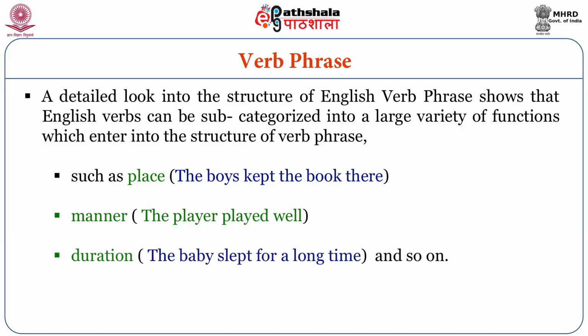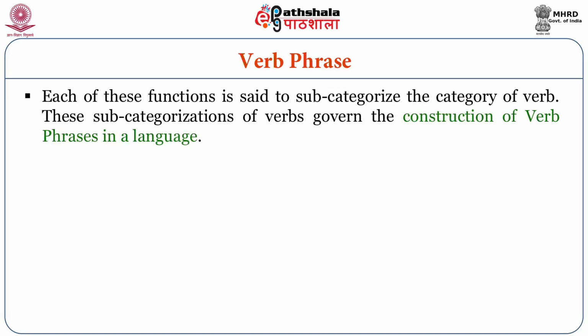Well. Then the duration: the baby slept for a long time. So the baby slept for a short time or for a long time, this duration is represented, and so on. Each of these functions is said to subcategorize the category of verb. These subcategorizations of verbs govern the construction of verb phrases in a language.